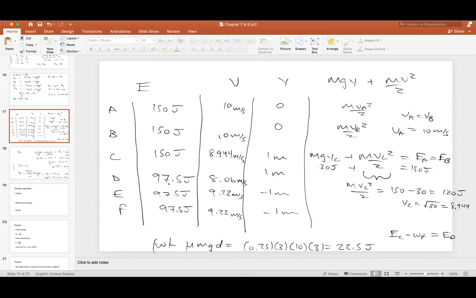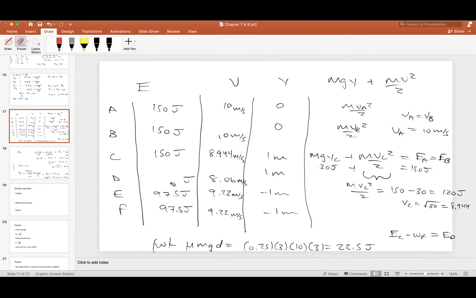Whoops, I have a small error here. This isn't 97.5. I totally messed that up. It's too late at night. Let's see what I did wrong. Because the energy loss should just be 22.5.